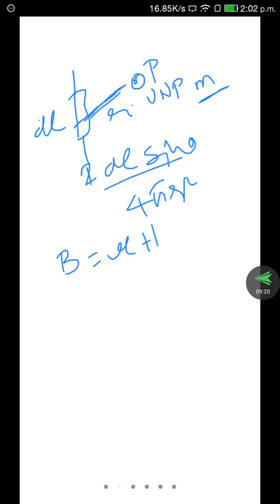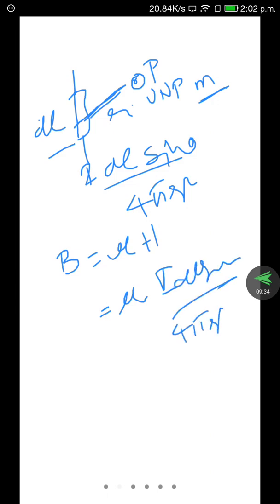So what is the H value here? So dH, instead of small dH, we are assuming as a capital dH. Right? Okay. So mu into I dl sin theta by 4 pi r square. So up to here it is clear. B is equal to, we are getting mu into I into dl sin theta by 4 pi r square.